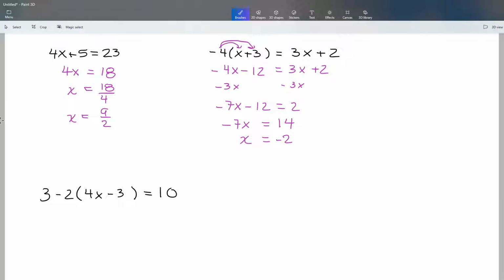Okay, now you can see that what we did up here is we distributed that negative 4, right? We knew that that was the right thing to do. That is still the right thing to do. We're still going to do exactly that.